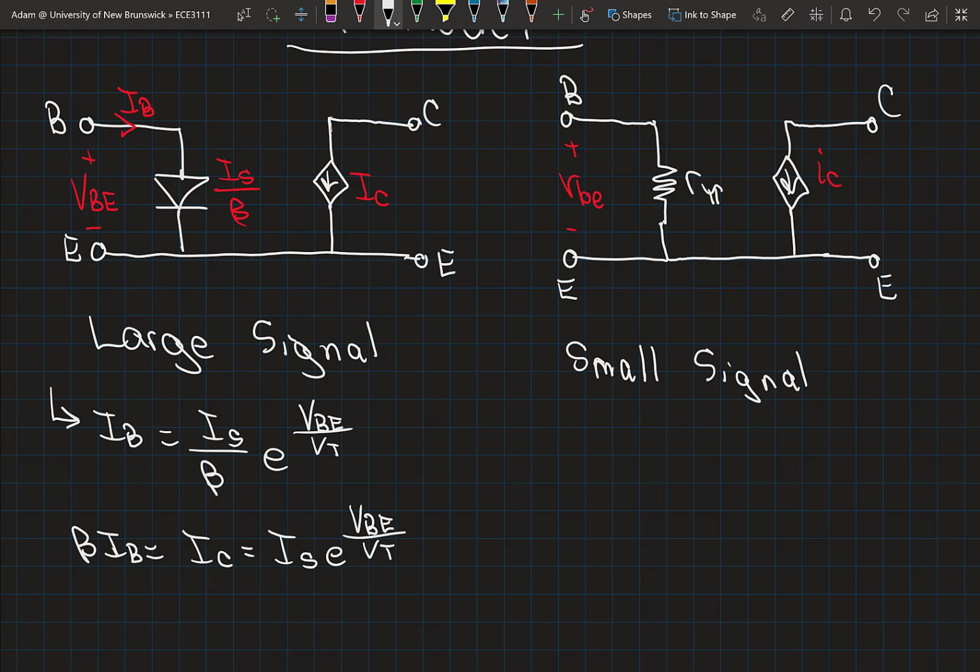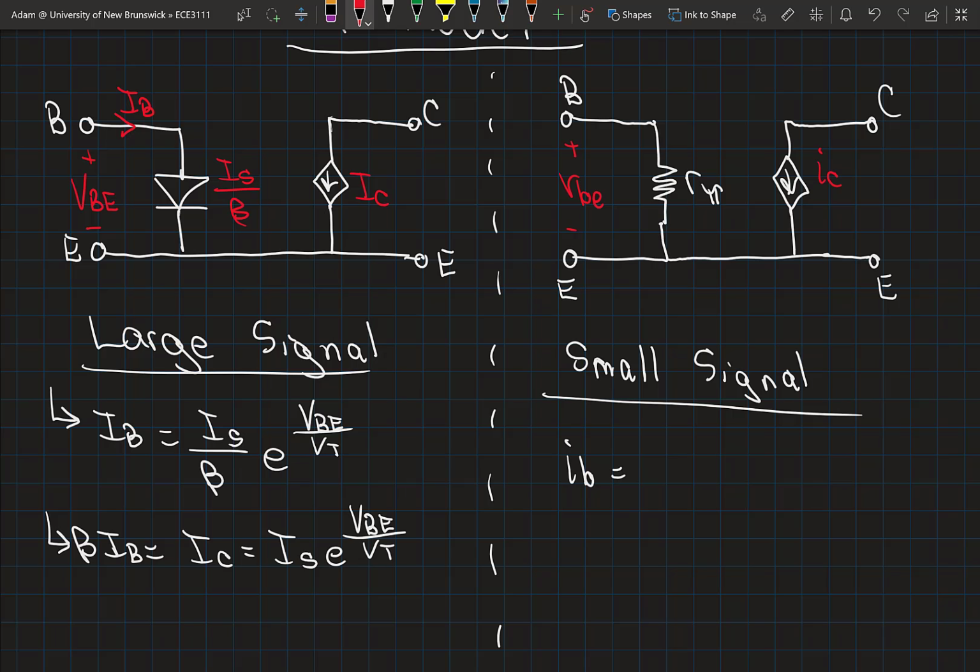Okay, but for our small signal model, our base current is again a linear relationship we can calculate simply using Ohm's law. Let me label the base current on here.